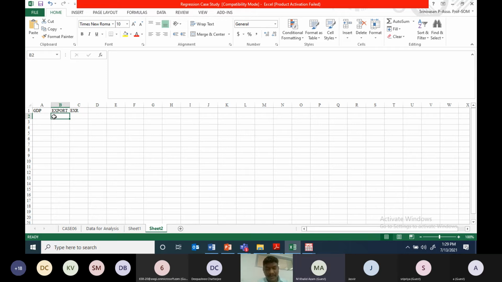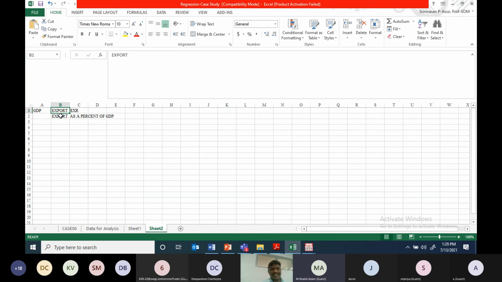I can go for export and import as a percent of GDP, which is called trade openness, or export as a percentage of GDP. Just convert it.